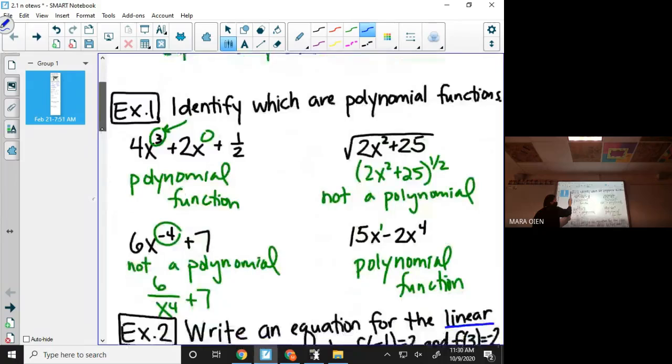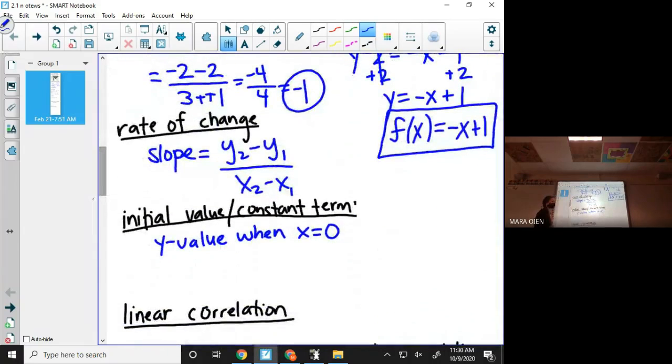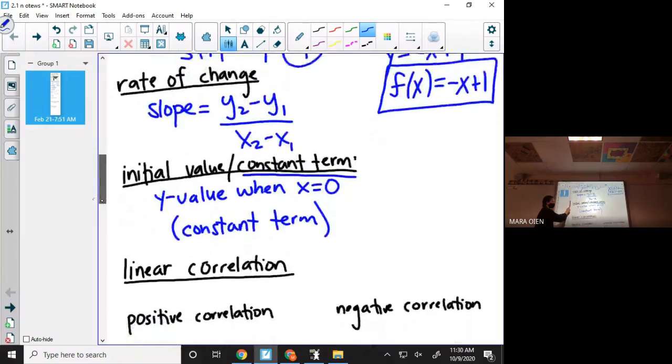So when they ask for your initial value, you can absolutely substitute 0 in, or you can just look at your entire polynomial and look for your constant term. I was going to say at the end, but technically they don't always give it to us in standard form, so I don't want you to just automatically look at the end. But your initial value is your set number at the very end, typically.